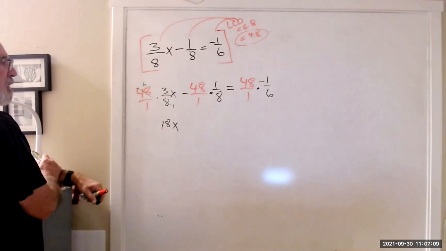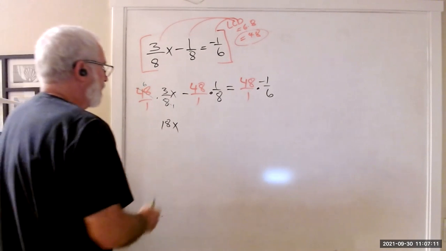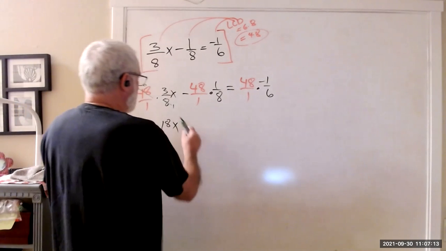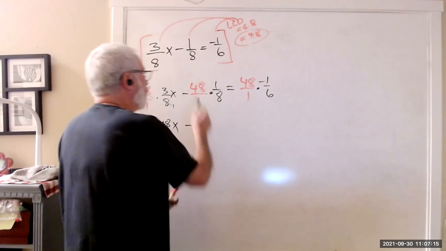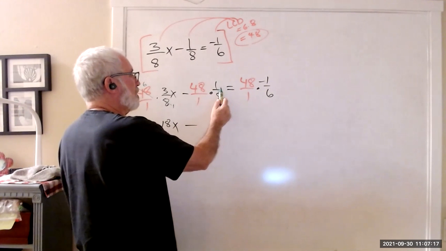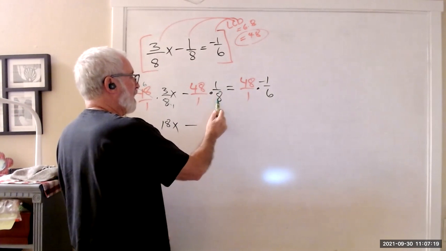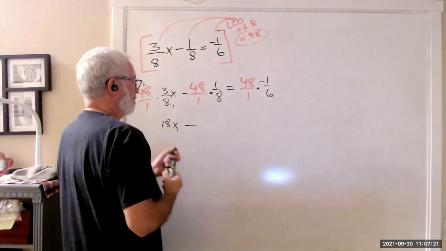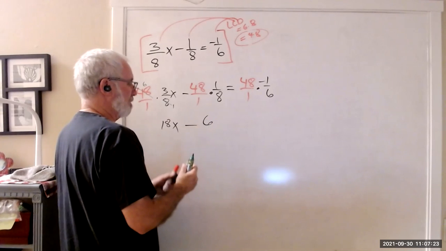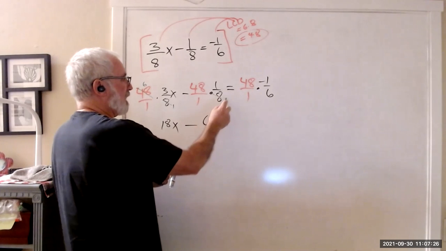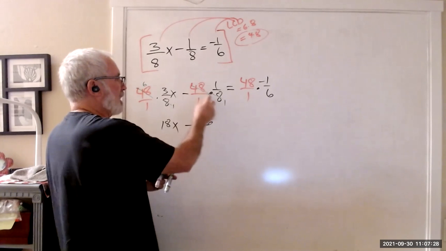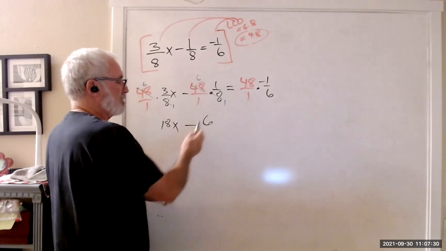But I've just shown you now you have 2 ways of doing it. Again, so we come over here, we go minus 48 times 1 divided by 8. That's going to be 6. Again, if you cross canceled, 8 goes into 8 once, 8 goes into 48 6 times.